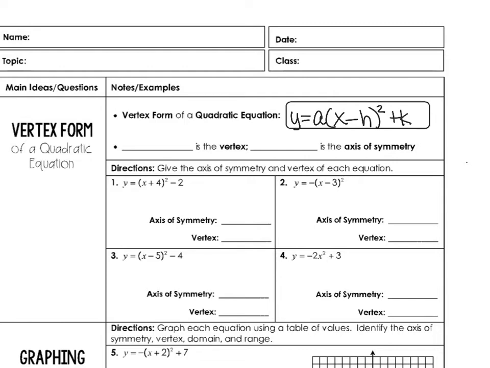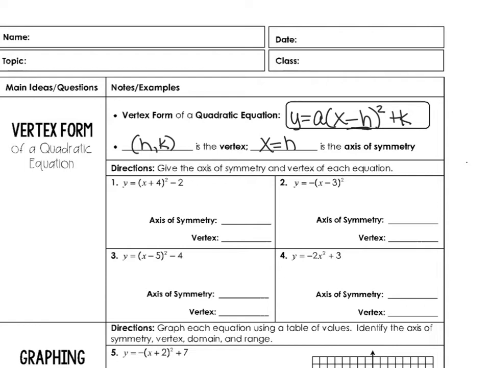And in the video, we said that h and k, not negative h, but h and k, is the vertex, where x, your line of symmetry, equals h. Okay? Your axis of symmetry, that vertical line, is still the same thing, h.